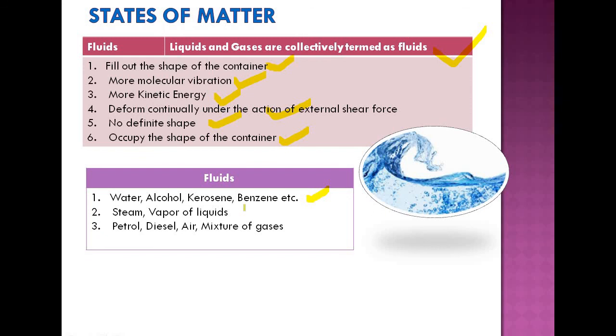If the temperature of the water vapor is increased above 100 degrees Celsius with pressure remaining constant at 1 atmosphere, say 102 or 103 degrees Celsius, it is called superheated vapor. Such superheated vapors are known as steam. So of course there is a difference between steam and water vapor, but both come under the category of fluids or gases. Then petrol, diesel, air, and mixtures of gases are some more examples of fluids.